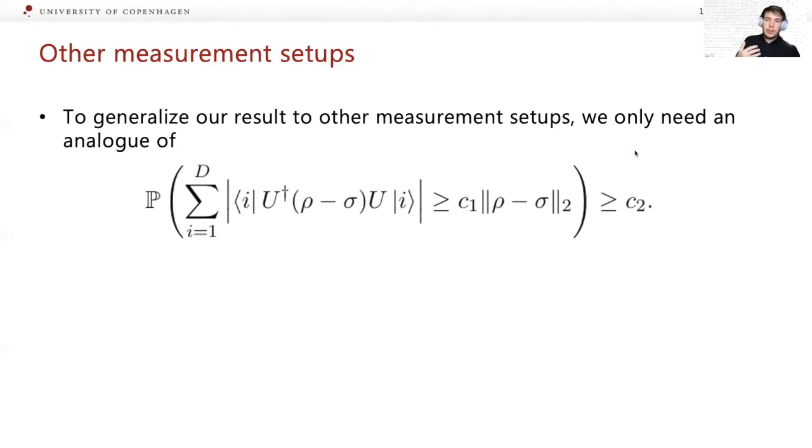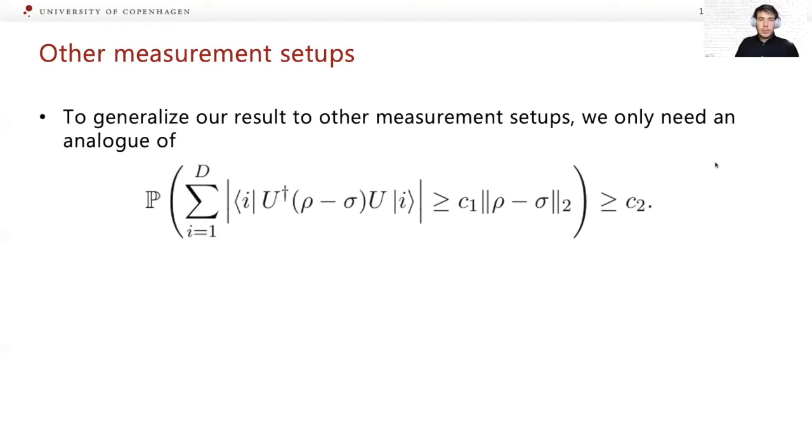Because right now I only talked about approximate 4 designs, and they can be implemented efficiently with a relatively short depth random unitary circuit, but this might still be out of reach for some experimental setups.